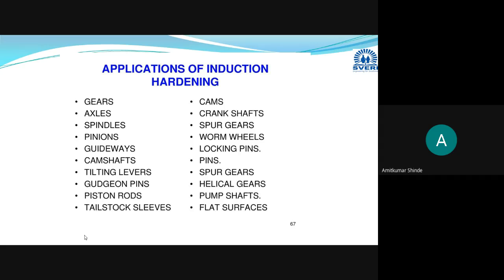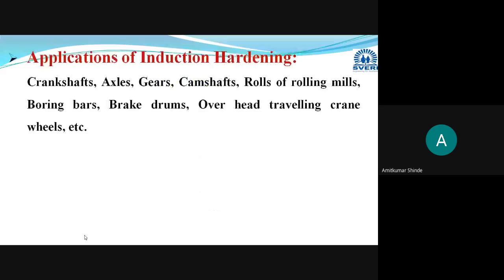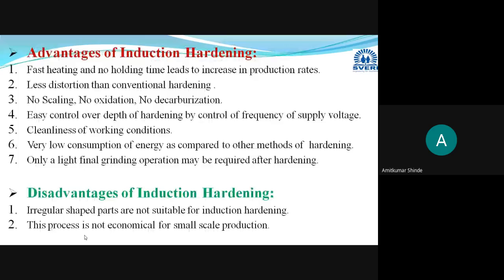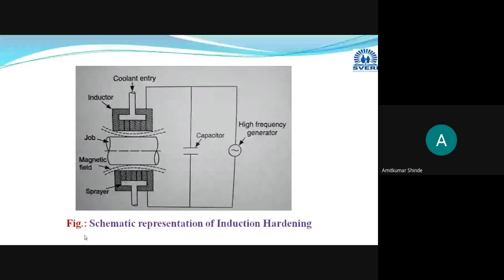So in this way, in today's lecture, we have completed flame hardening and induction hardening along with their principle. First, we studied the principle of flame hardening, explained with the help of diagrams, then its different types.